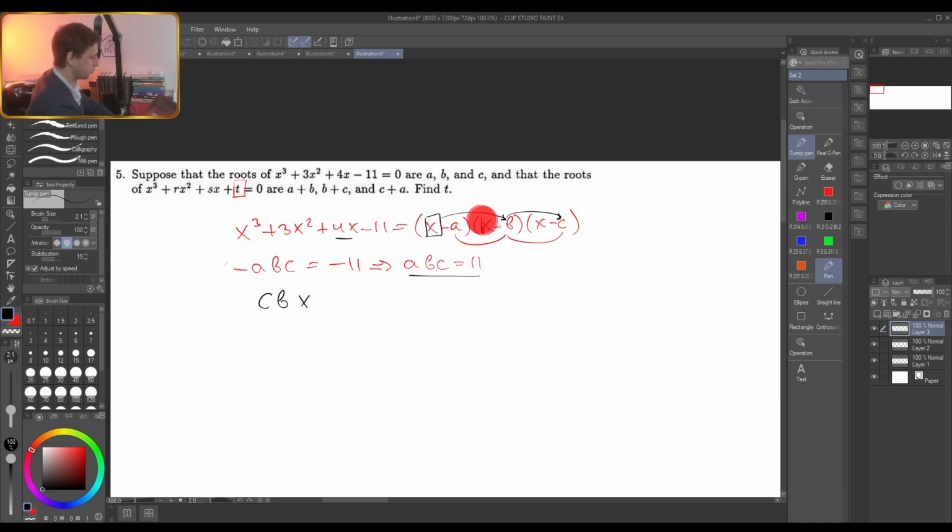But also you can multiply this x by these two, and it will be plus acx. And also you can multiply this x by these two, and it will be abx. So the coefficient near x on the right side will look like ab plus ac plus bc, and this coefficient on the right side should be exactly as you have on the left side, so it should be 4. It is our second condition from this.